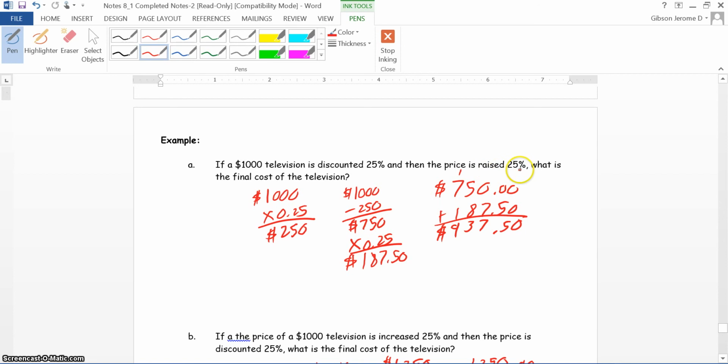Now we want to raise it by 25%, so we take our $750 times 0.25, and that gives us $187.50, which we must add to the $750. Now when we add, this ends up being $937.50. And we are done with that problem.